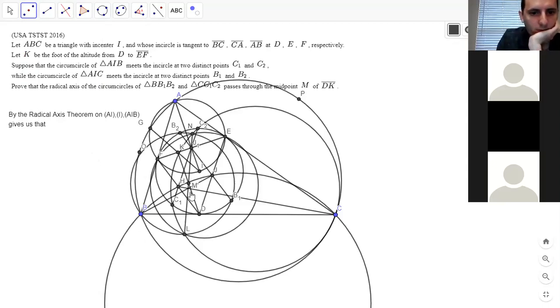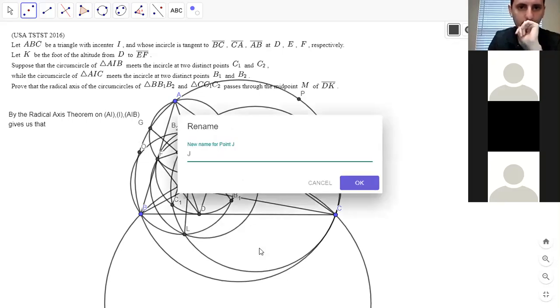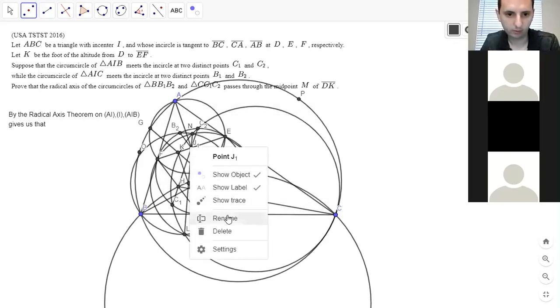Maybe we could draw this point and show it's collinear with the Gergonne point and J. Oh, I shouldn't have called this J, because that was J. Let me call it Q. Then this is J.